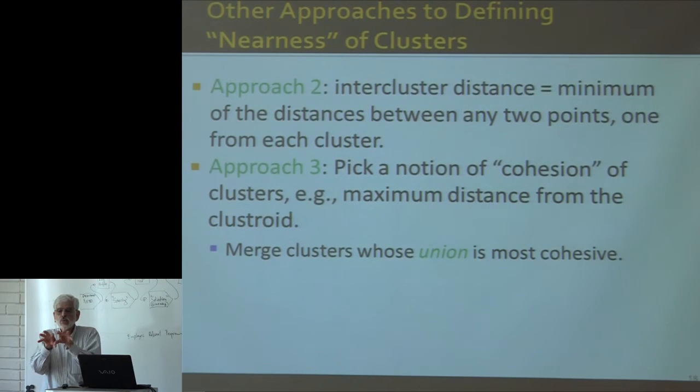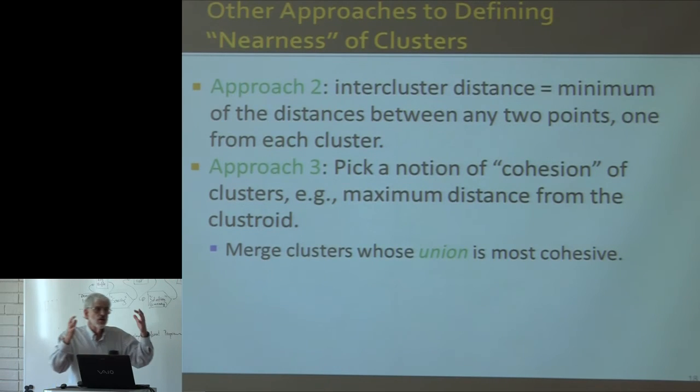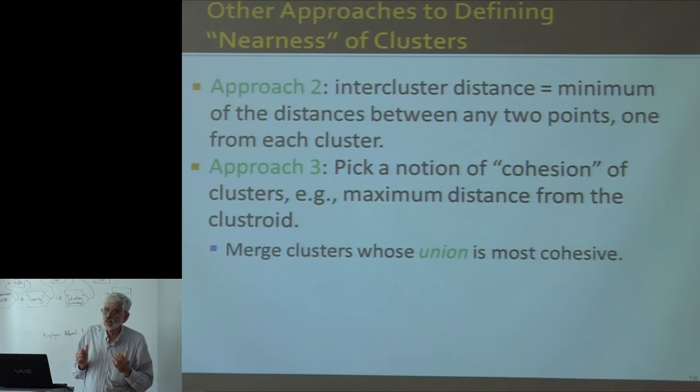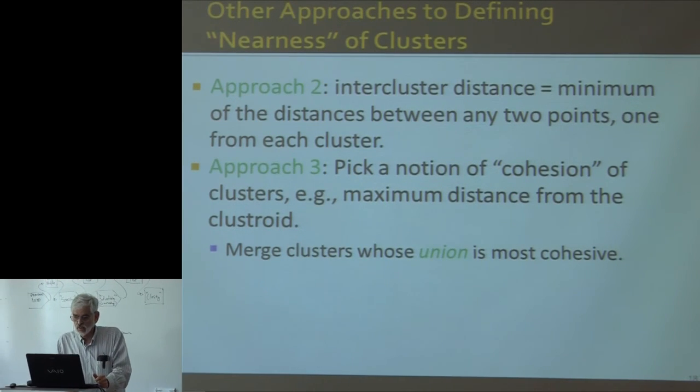What you say is, if I were to merge them, would they be cohesive or not? And then the winning pair of clusters to merge are those that give you the most cohesive cluster. You don't really worry about the distance between the 2 clusters.